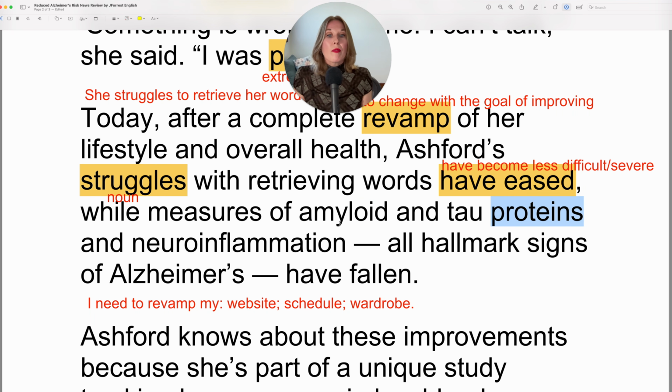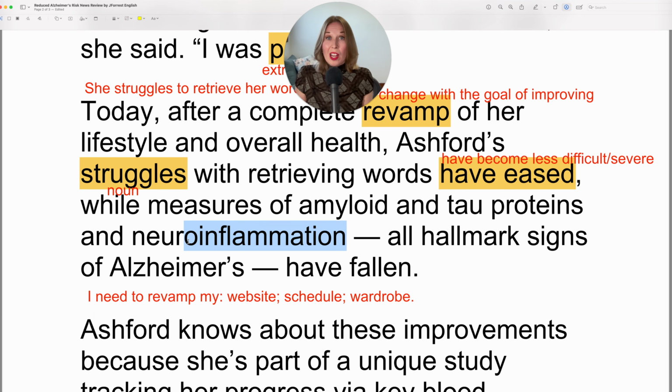While measures of amyloid and tau proteins and neuroinflammation, I only have a general idea of what this is as a person with a non-medical background. Inflammation. And then, well, what type of inflammation? Neuro. So neuro represents having to do with your brain, your neurology. So neuroinflammation. So inflammation represents swelling and areas that are affected.